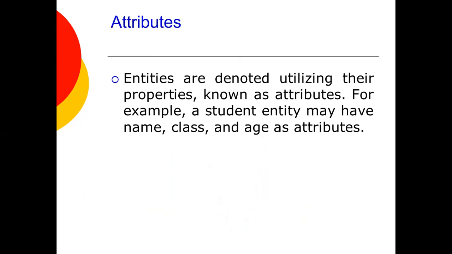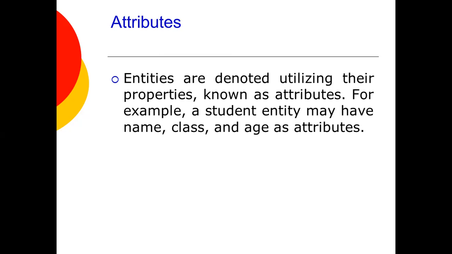Attributes: entities are denoted utilizing their properties. So each entity has some properties, and those properties or characteristics are known as attributes. So entities have a number of attributes. For example, a student entity may have name, class, age as attributes.